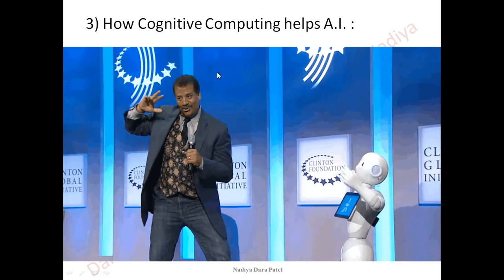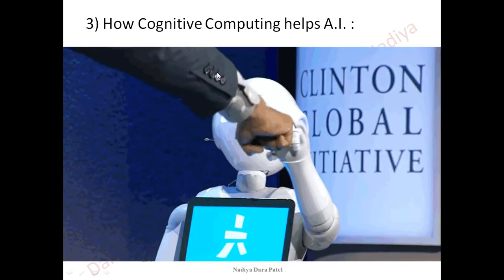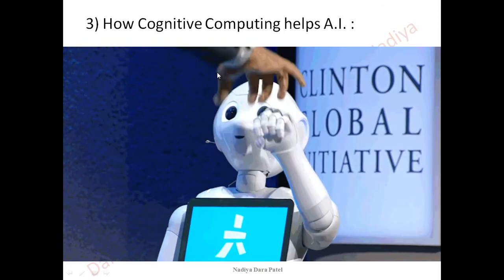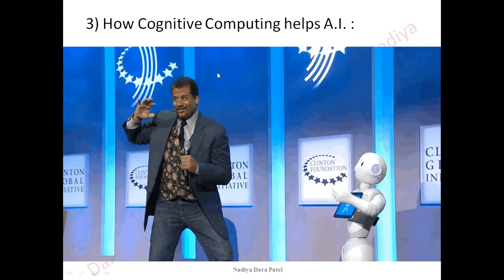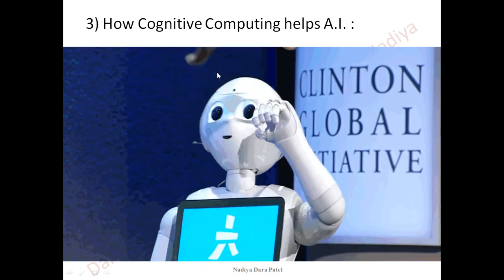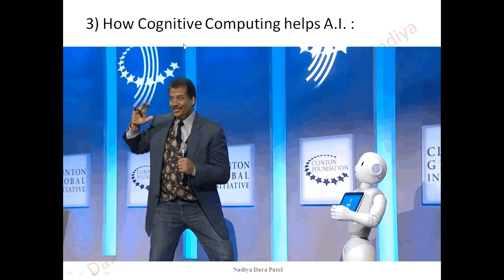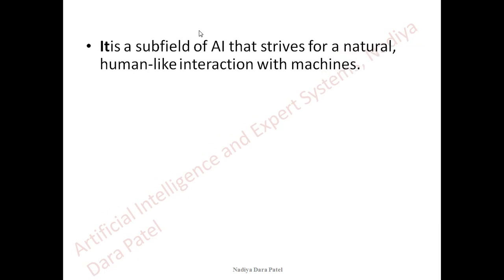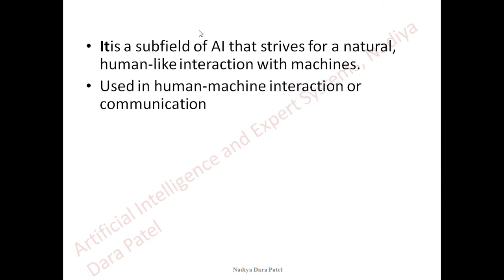This capability of robots acting like humans and communicating in the best possible manner has become possible because of cognitive computing. Cognitive computing is a subfield of artificial intelligence that strives for a natural human-like interaction with machines.